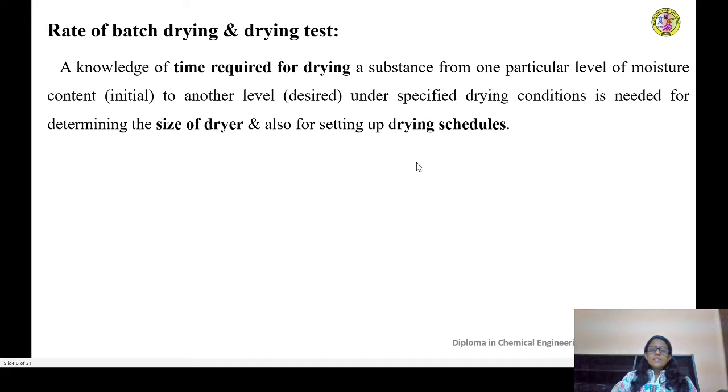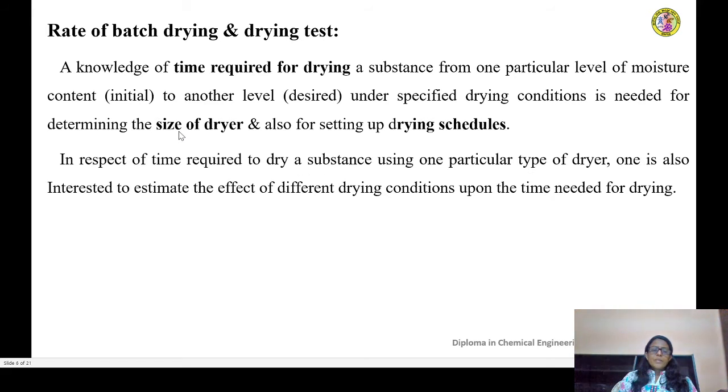This is the reason why a drying test is carried out in a model dryer similar to the type of dryer that is to be designed, and the time required for drying is measured, and with that we can deduce other things that are required to construct a suitable dryer.